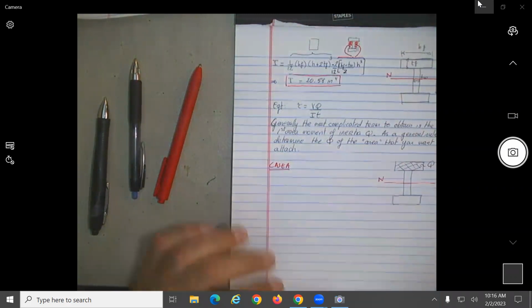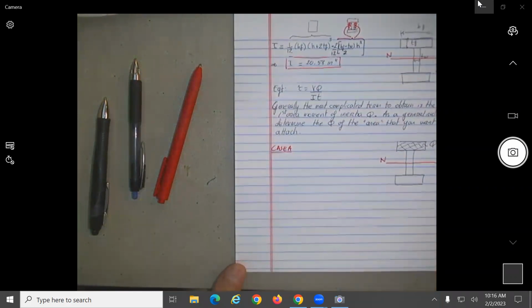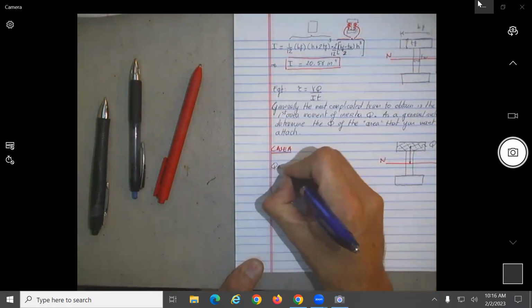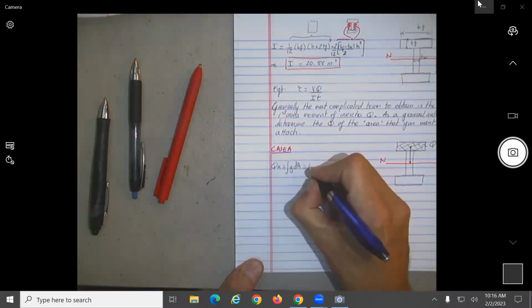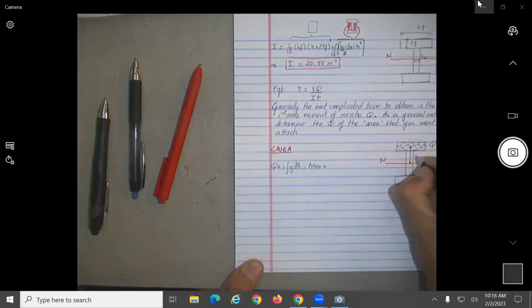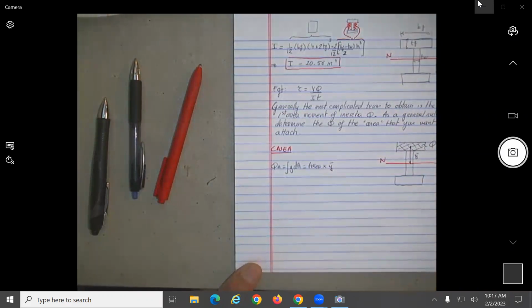So let's calculate the Q of this piece. If you remember, what was the procedure? Q for case A is generally the integral of y dA, but you could approach this by area times the distance from the neutral axis to the CG of the area.